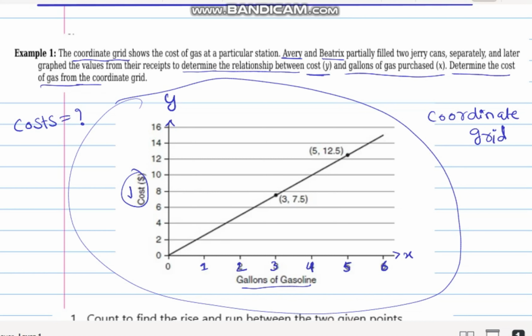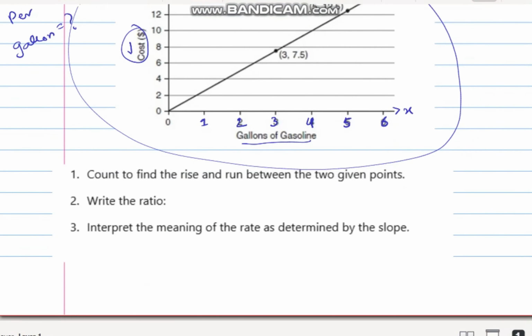So we have to basically find the cost, and cost is always per gallon. Cost per gallon, because in the market things are always sold based on the unit price.